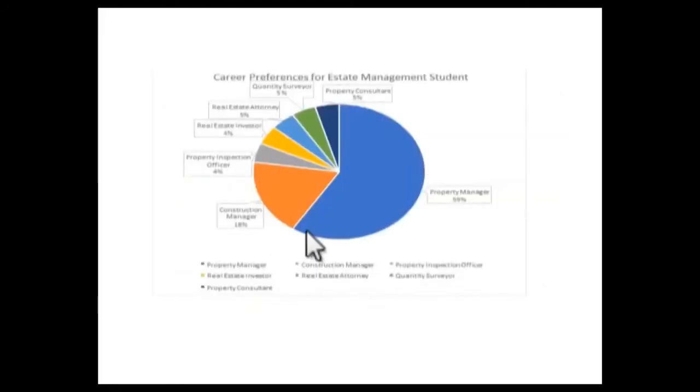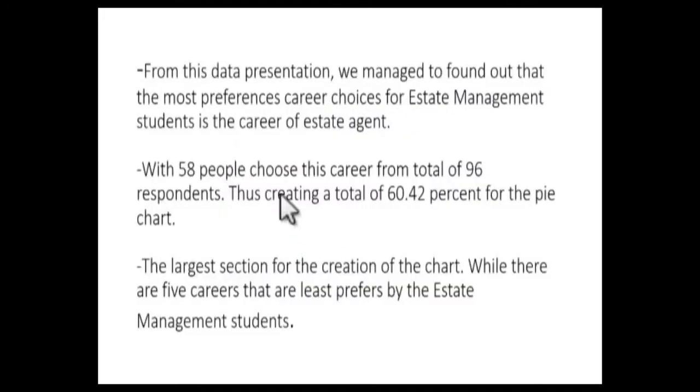Second, the pie chart shows the career preference of our estate management students, where property manager gets the highest result. Okay, from this data presentation, we found out that the most preferred career choice for estate management students is the career of estate agent, which 58 people chose out of 96 respondents.